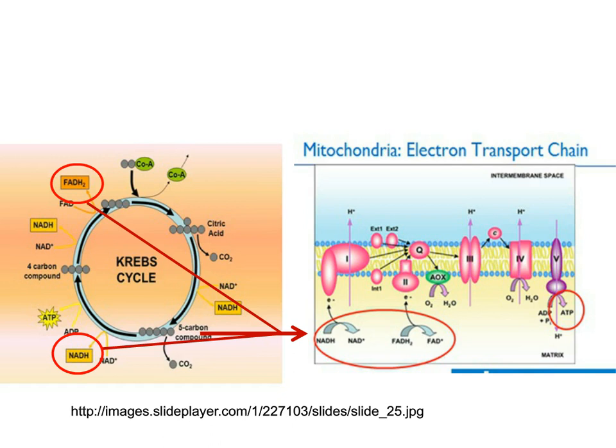Both of these, NADH and FADH, give up hydrogen ions into the intermembranous space, and that's why it's so important to be having the generation of these hydrogen ions through FADH and NADH in the Krebs cycle.